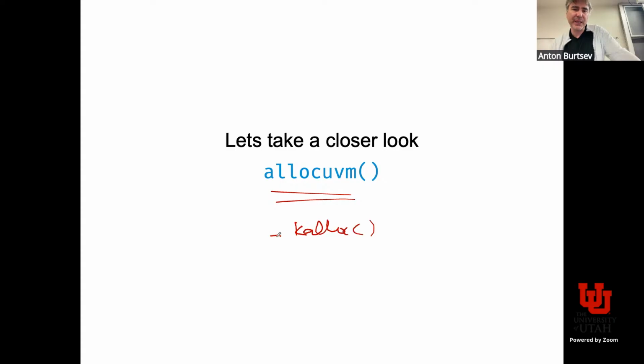It will return us a page. Now we have to map it into the page table. How do we do this? Imagine we want to map this page at address 0. So what function can we use?